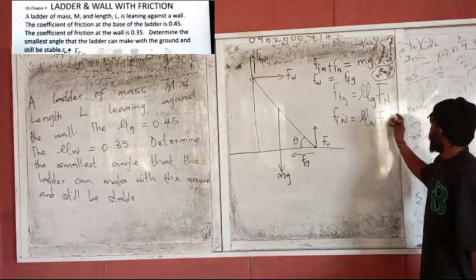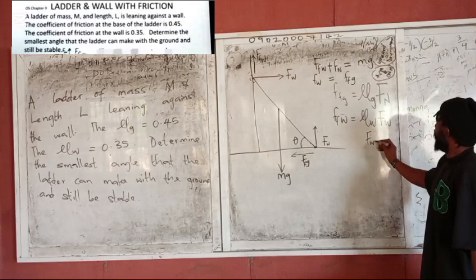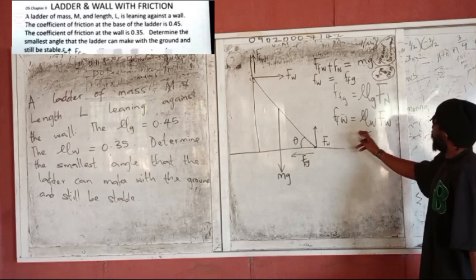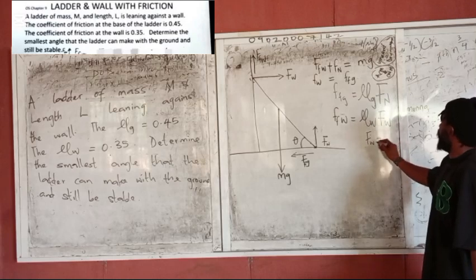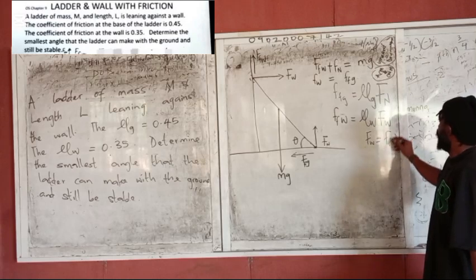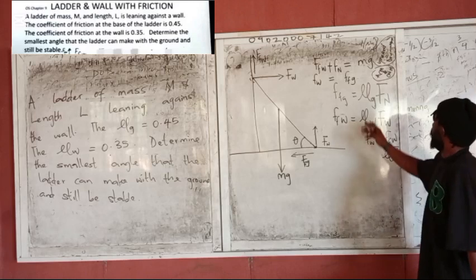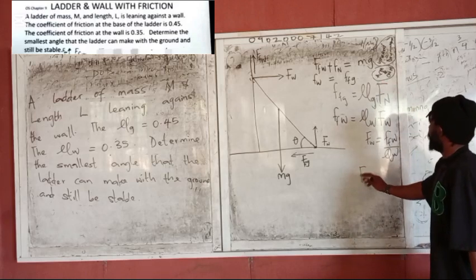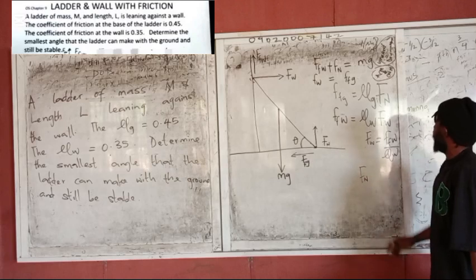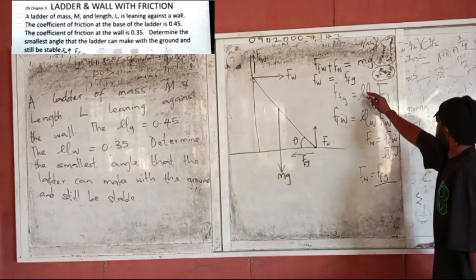So if I make Fw subject of the formula, I will divide both sides by μ_w. So it's going to be Fw equals frictional force of the wall all over coefficient of friction on the wall. Is it not true? Then if I choose to make this force subject of the formula, it simply means that I will have normal force or normal reaction equal to frictional force of the ground all over.